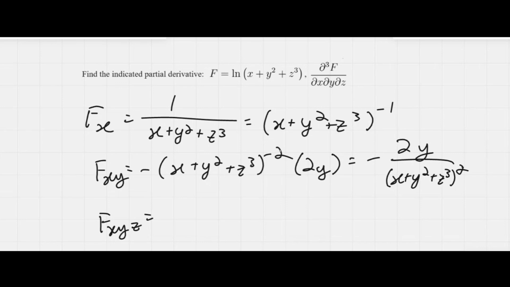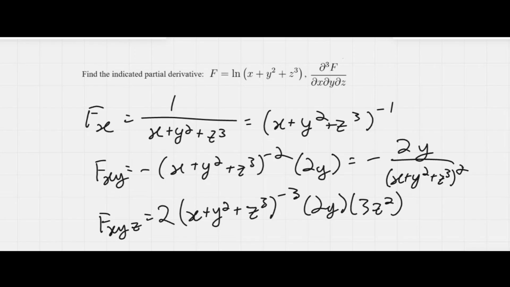We're taking down the negative. We're treating the y over here as a constant. We're taking down the negative 2 and putting it in the front. We're going to change this to a negative 3, so x plus y squared plus z cubed to the negative 3. We're keeping this 2y over here, but now we have to do chain rule, and we're treating x and y as constants. And so the derivative of z cubed is going to be 3z squared.